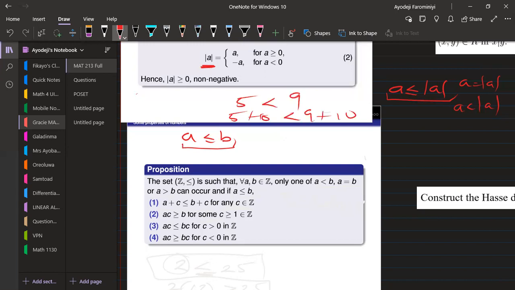Nothing will change. 5 minus 3 will still be less than 9 minus 3. So far, I am adding the same thing on both sides. So if it is addition, no problem. Addition and subtraction. Subtraction is just addition in disguise.